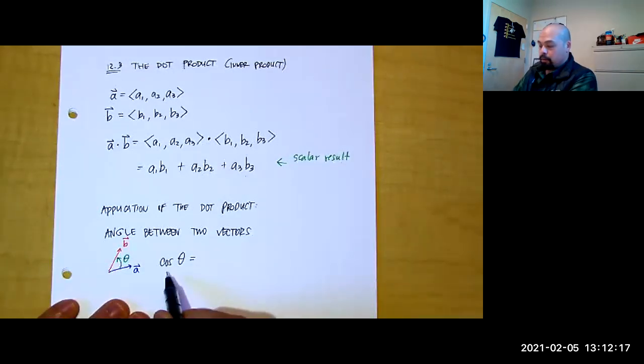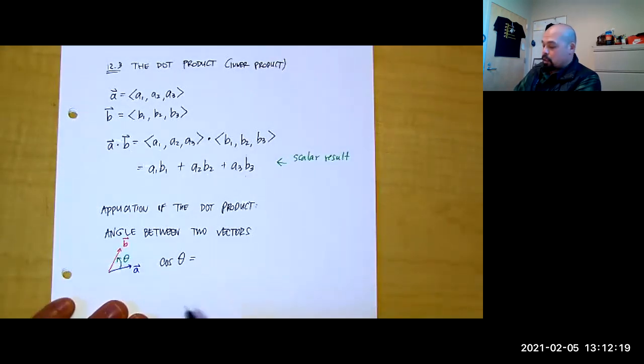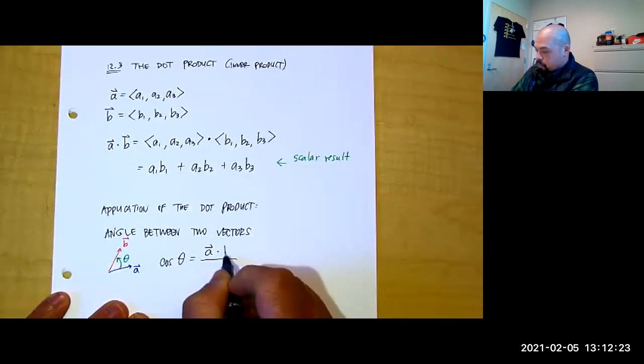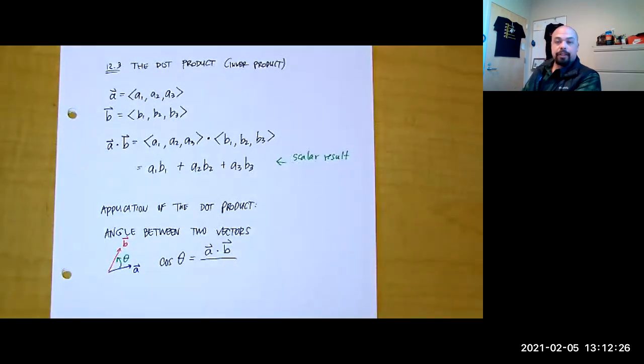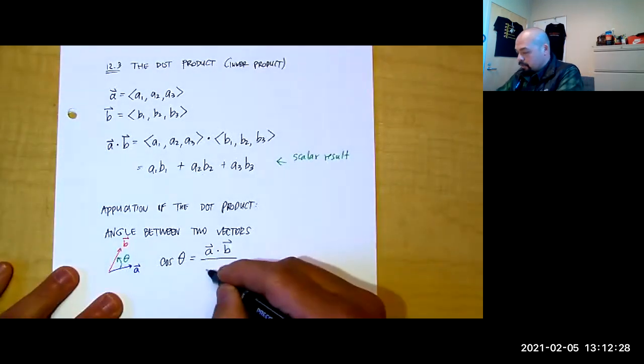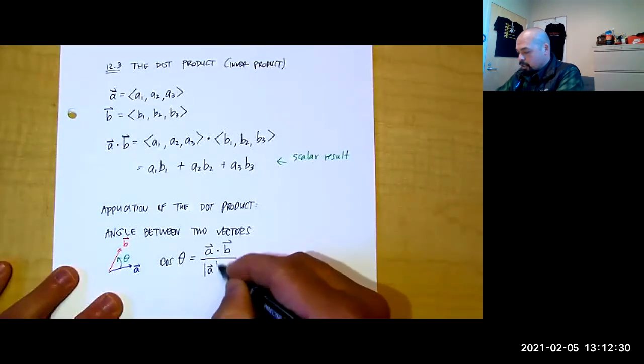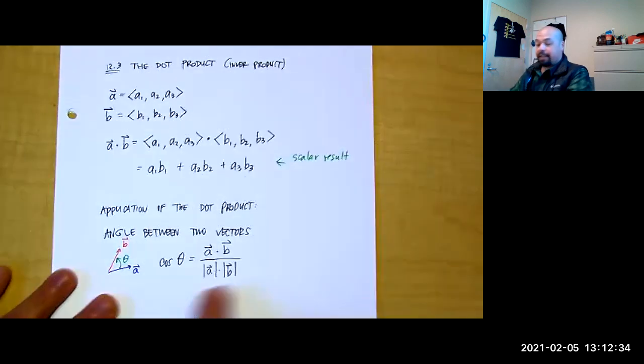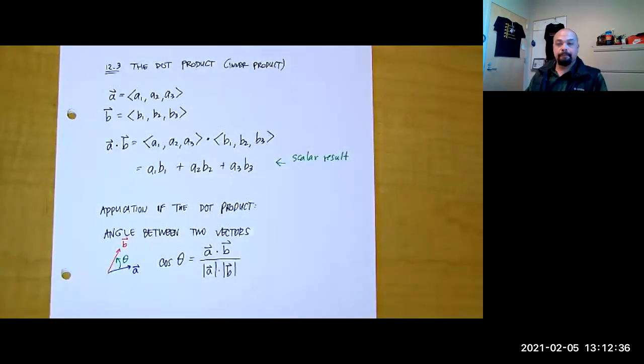The cosine of that angle, so if we actually want to find the angle, we do our inverse cosine, but it's going to be the following. It's going to be the dot product between those 2 vectors divided by the product of their magnitudes, the lengths of those 2 vectors. This is going to give us some decimal answer.